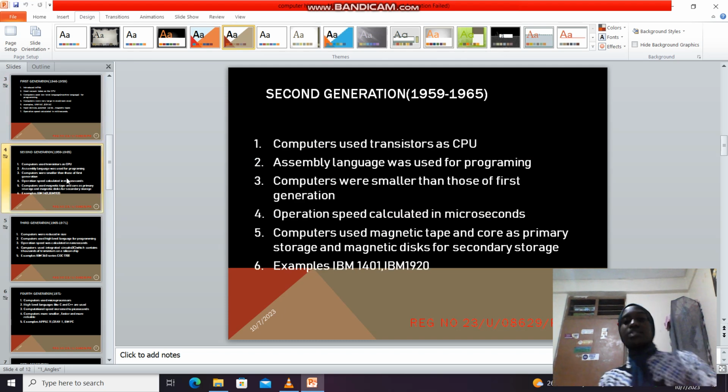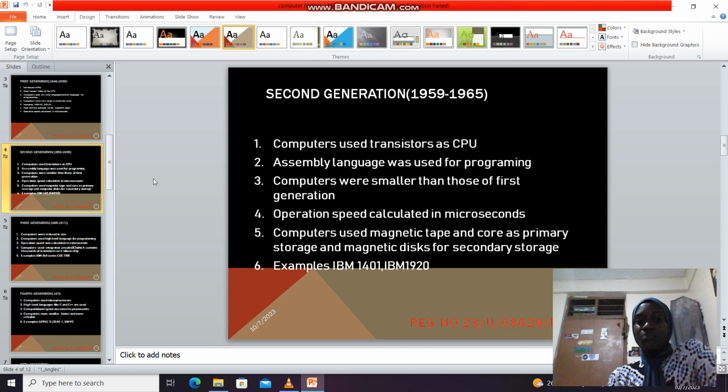Now we can go to the second generation, 1959 to 1965. Computers used transistors as CPU. Assembly language was used for programming. Computers were smaller than those of the first generation. Well, they weren't small that you could move with them, but they were a bit smaller.